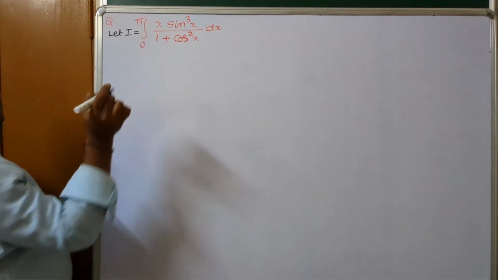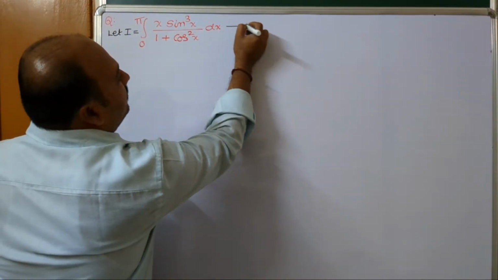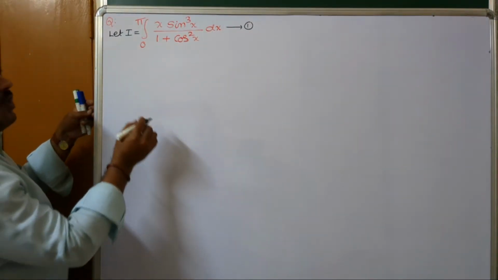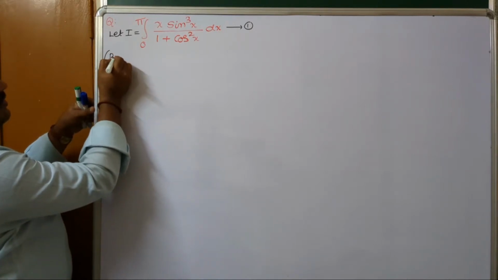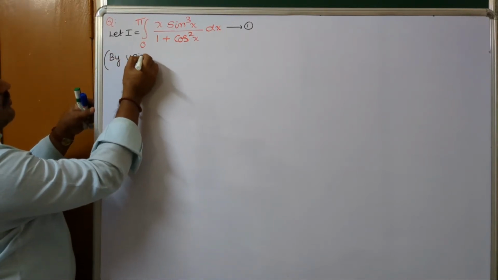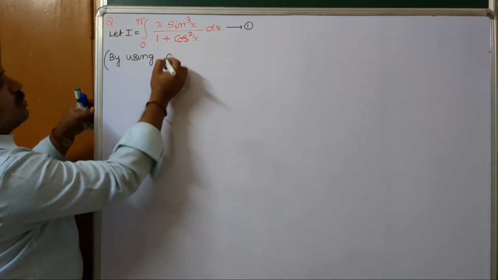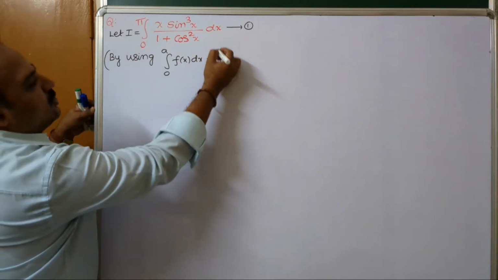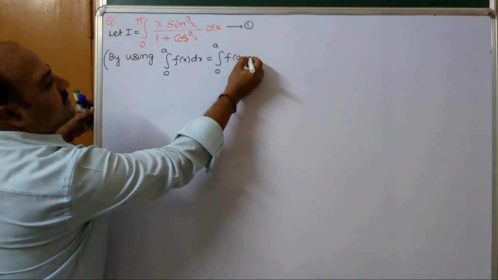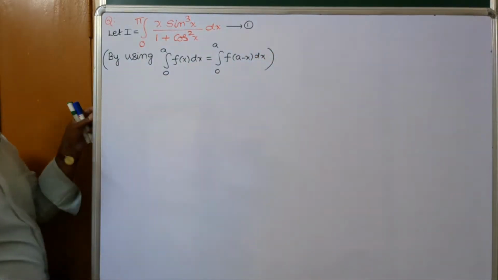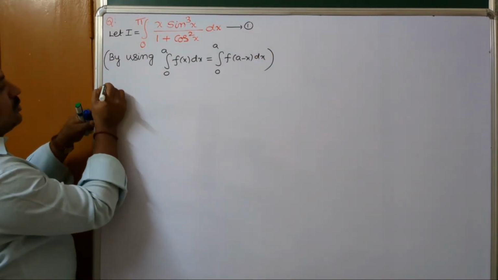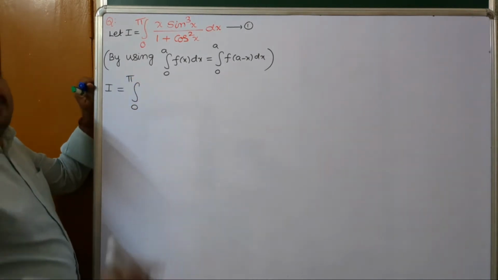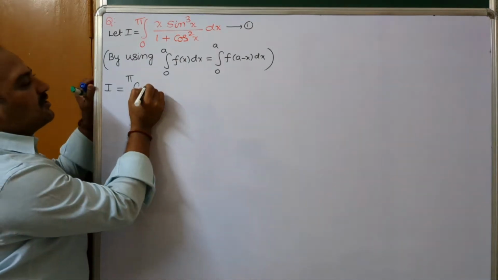Equation 1. Then, by using the property integral 0 to a f of x into dx is equal to integral 0 to a f of a minus x into dx, I equal to integral 0 to pi, wherever x is there, pi minus x you have to write it.